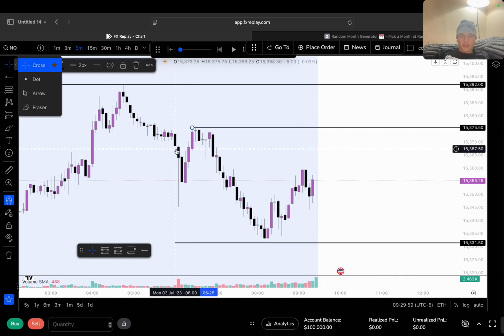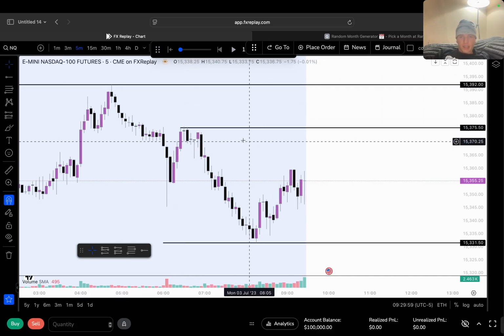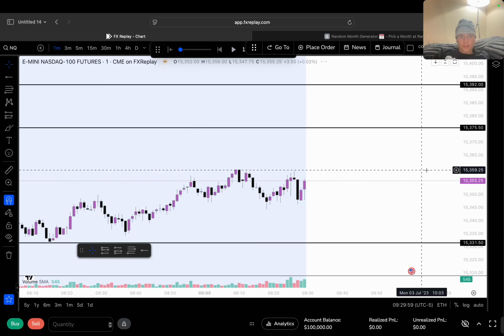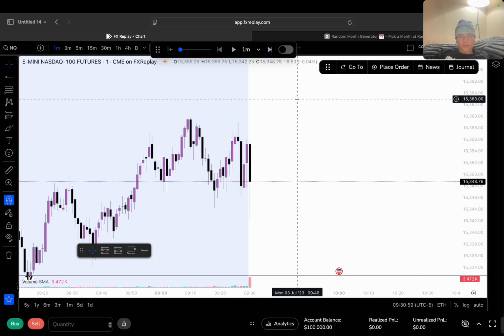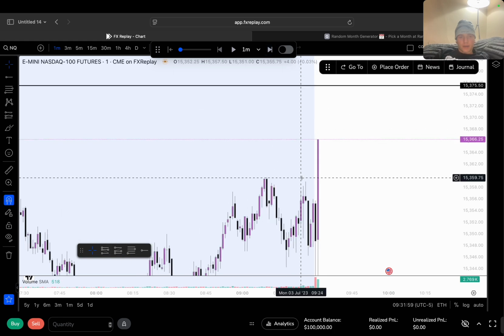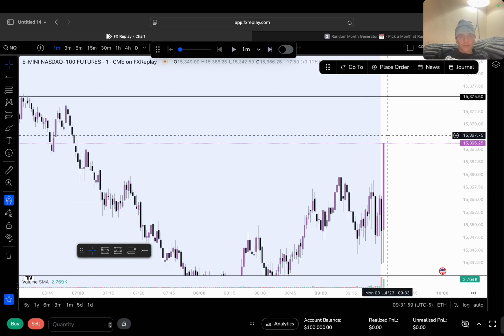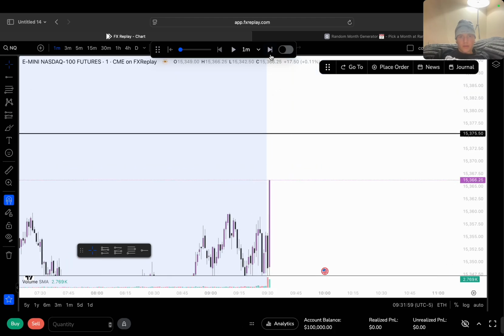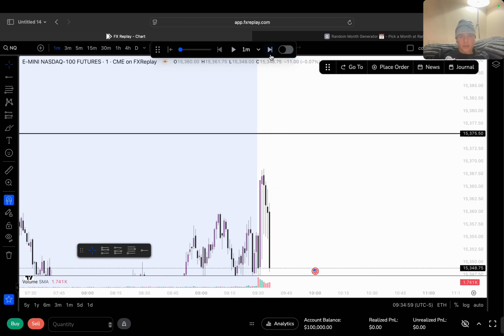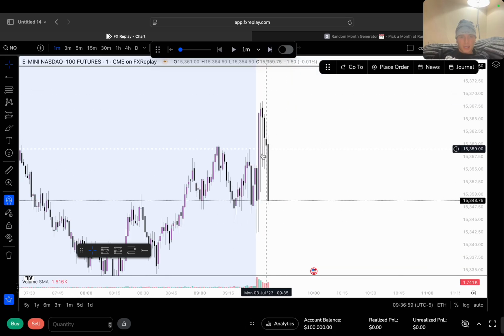Here's another draw. Obviously not as strong as this one, but map it out. Okay, anytime I see wicks like that, all those little wicks, I just don't really like that.